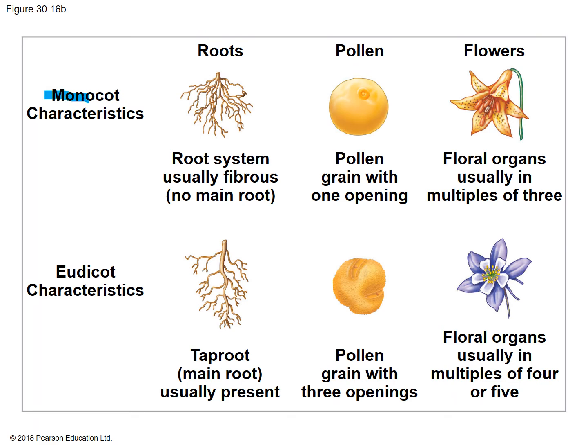Now, roots. In monocots the root system is usually fibrous, that's to say no main root as you see here, while in eudicots we have a main root called the taproot. Pollen grains. Pollen grain in monocots has one opening, while pollen grain of eudicots has three openings.